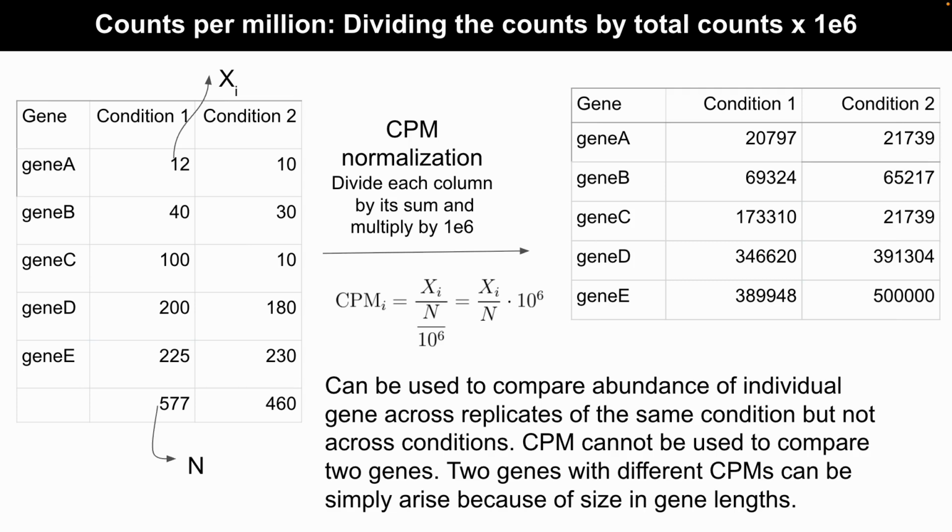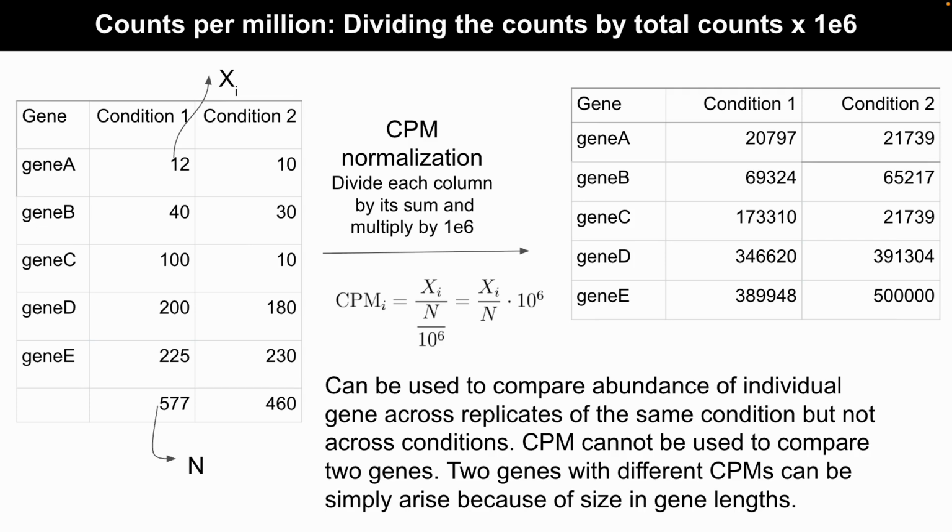This normalization is called counts per million normalization, right? These are the number of counts that you have. Once you normalize it, that's what you see there. These are the number of overall mRNA copies of that gene that you end up observing, having accounted for the total sequencing depth overall, right?